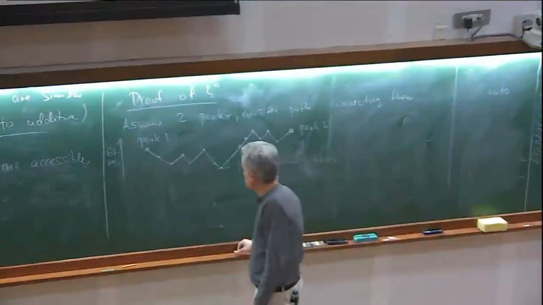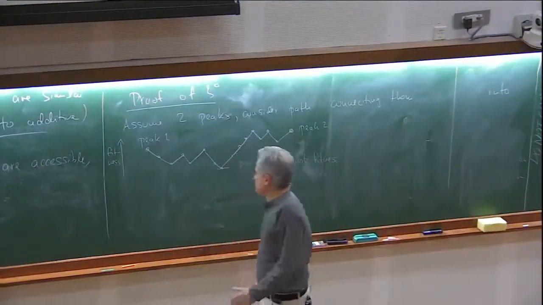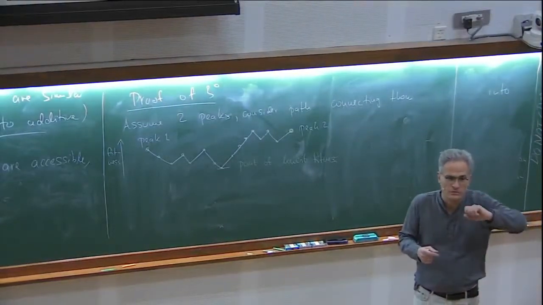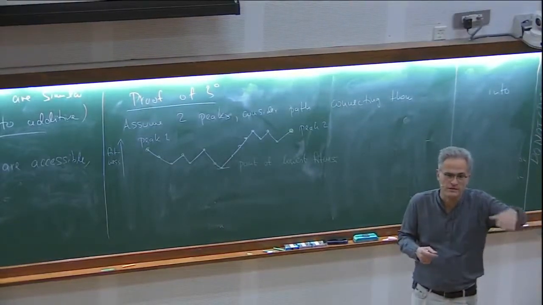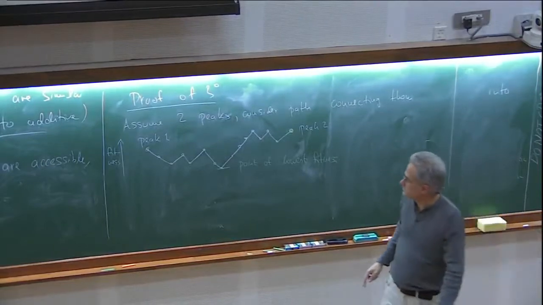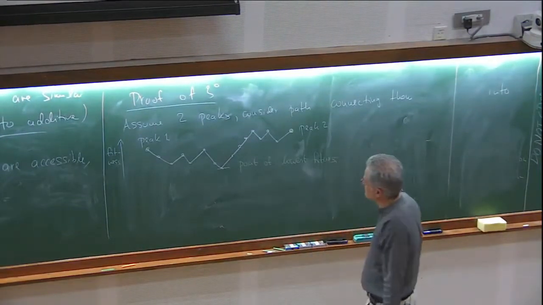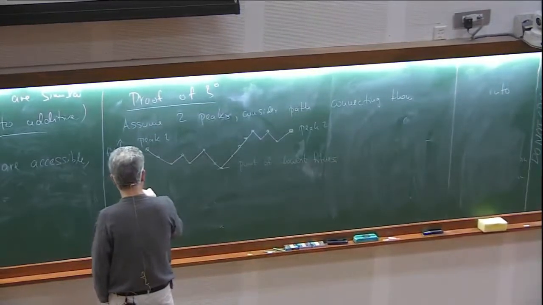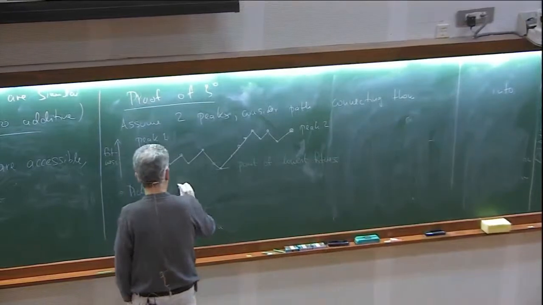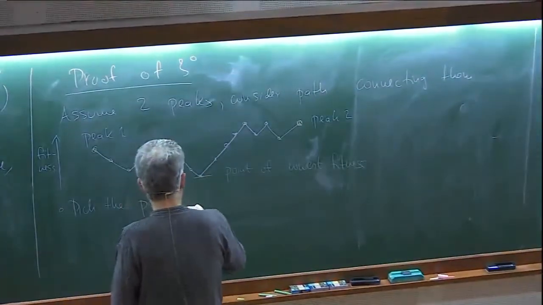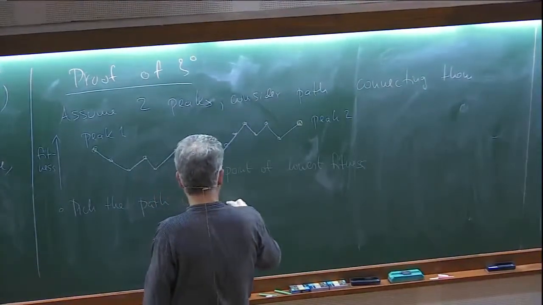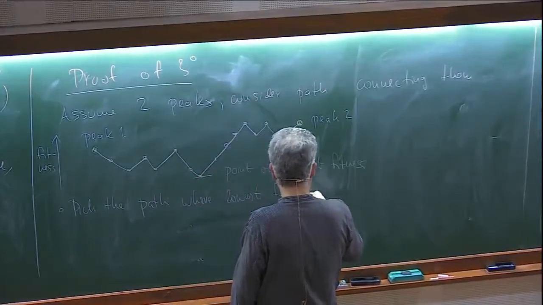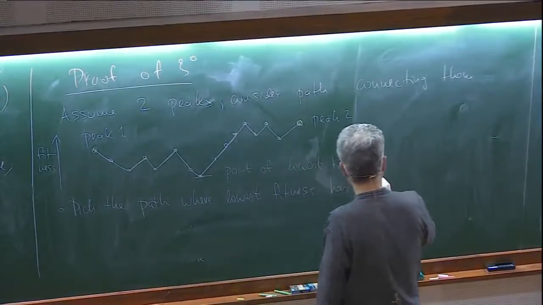So pick, and so this is sort of like, in the opposite analogy, if you're walking in the mountains, you want to find the saddle which has the lowest height, and here we want to find the highest lowest fitness. Okay, so we pick the path where the lowest fitness has the highest value.